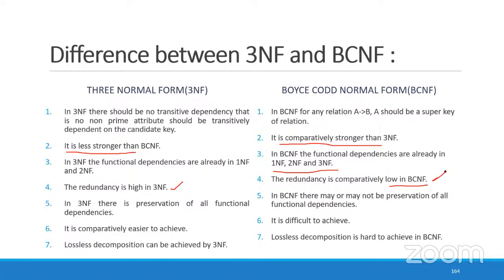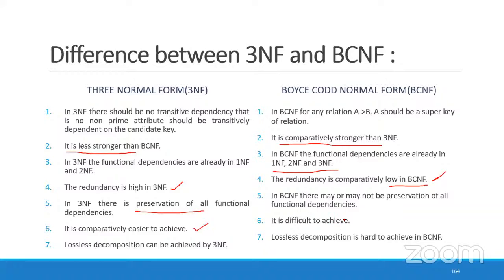These are the main differences. Preservation of dependencies: all functional dependencies are preserved in third normal form, while BCNF may or may not preserve all of them. Third normal form is comparatively easier to achieve, because you can simply avoid the transitive dependency.